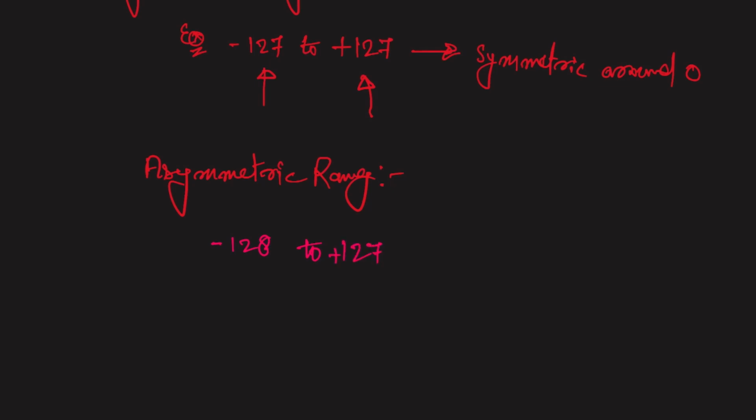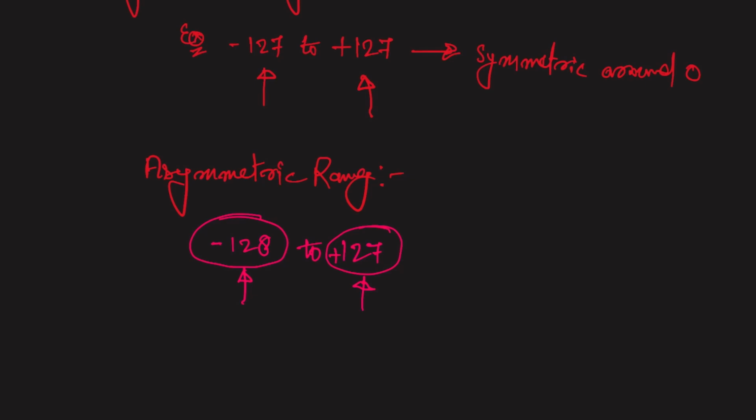You can notice here the negative side goes one step further and the positive side only goes up to 127. So the counts are 128 negative values and 127 positive values, and one 0. That is what we mean by asymmetric. The negative side has one extra value compared to the positive side.